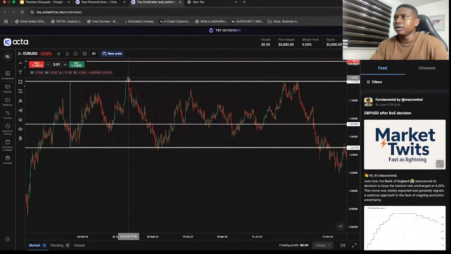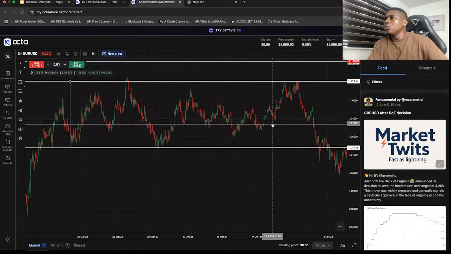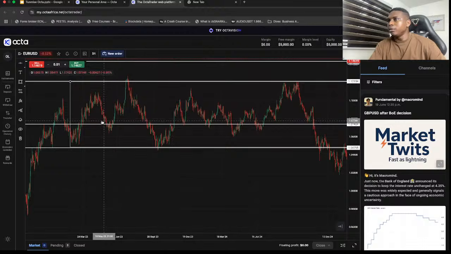How price has been ranging at these levels, and of course we need to also take note of the minor support turned resistance level that we outlined here, because we can see that price has left several footprints.